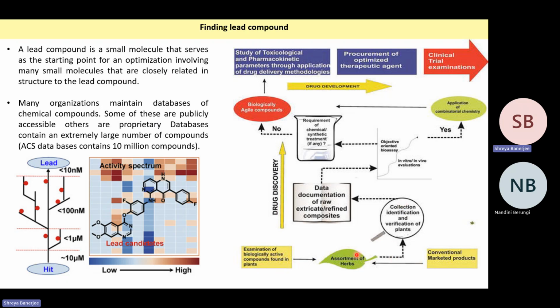All these molecules form a database, and first we have to document the properties of these biologically active molecules. Then from these molecules, we have to carry out in vitro and in vivo experiments to find out which of these molecules have the specific activity that we want.